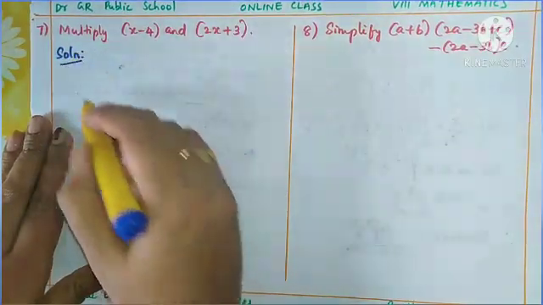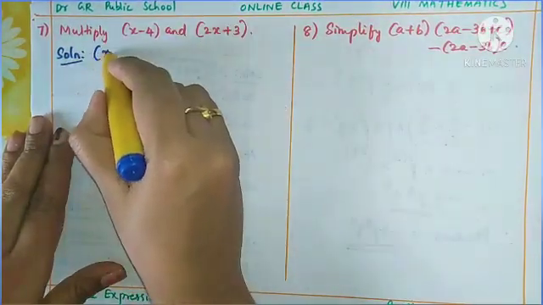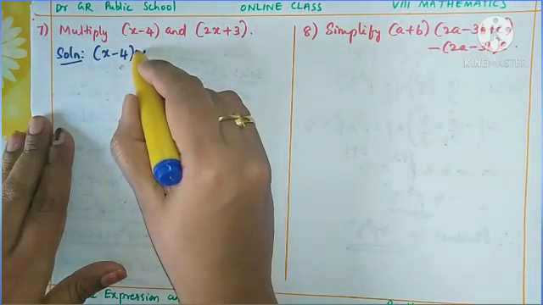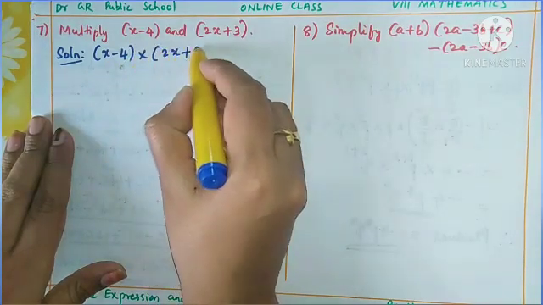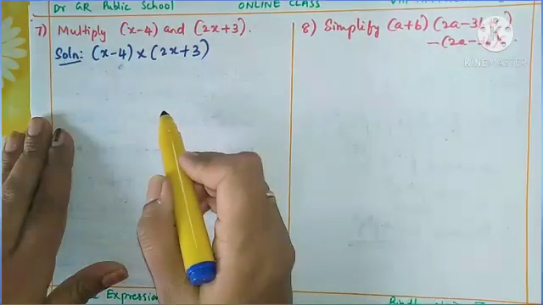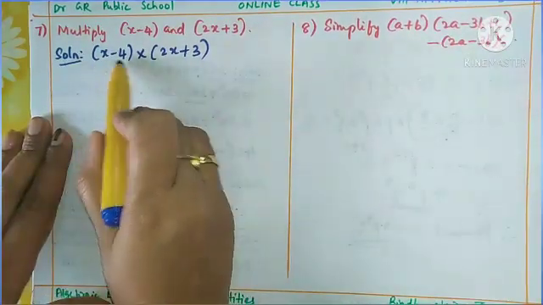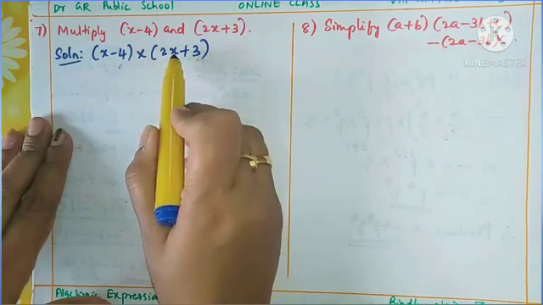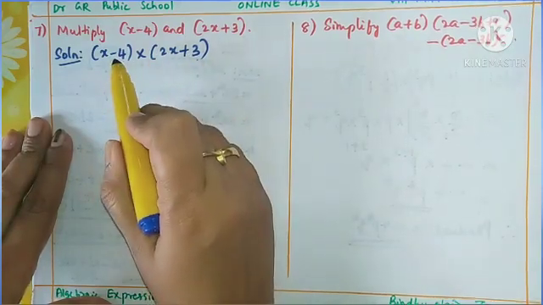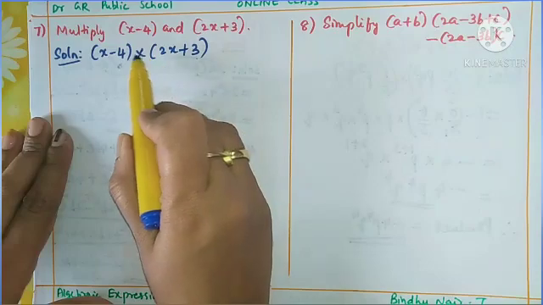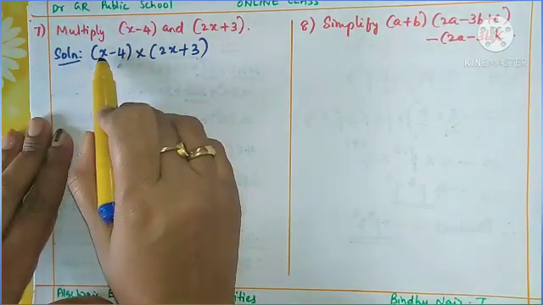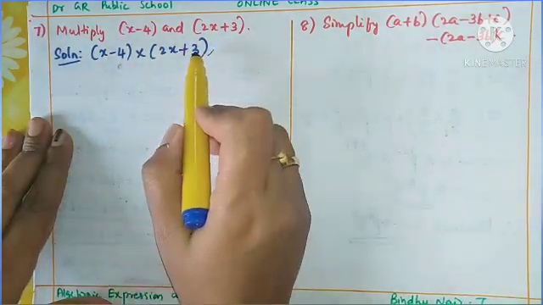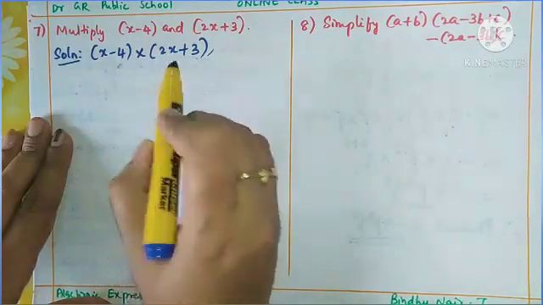So first you write the product, x minus 4 into 2x plus 3. And here you see, when you multiply the two brackets, the first two terms want to multiply by the second two terms. Okay, so that is the thing we need to understand. When you multiply, all the terms of the first bracket should be multiplied by all the terms of the second bracket. So that is the meaning.